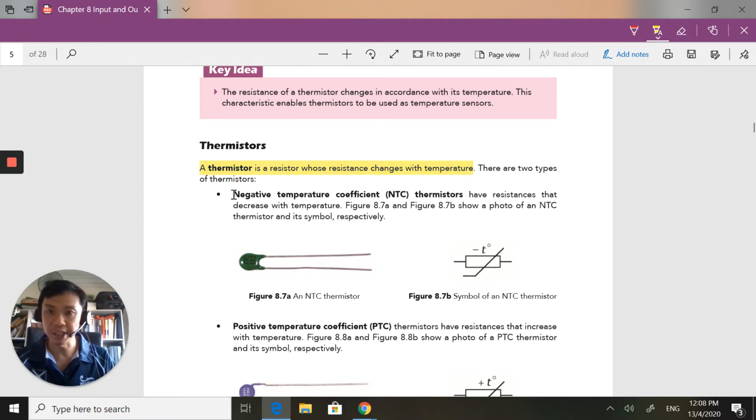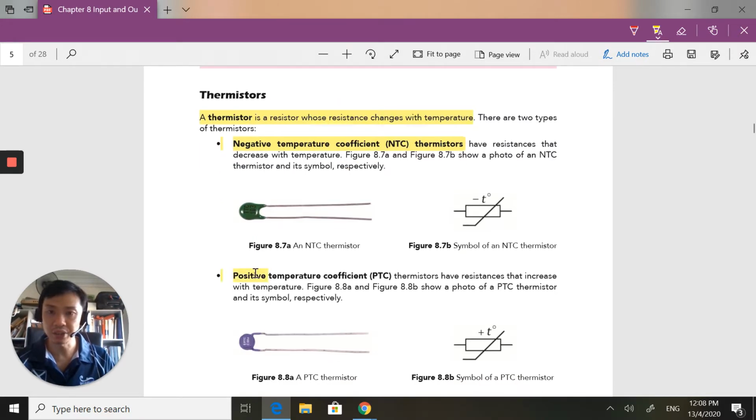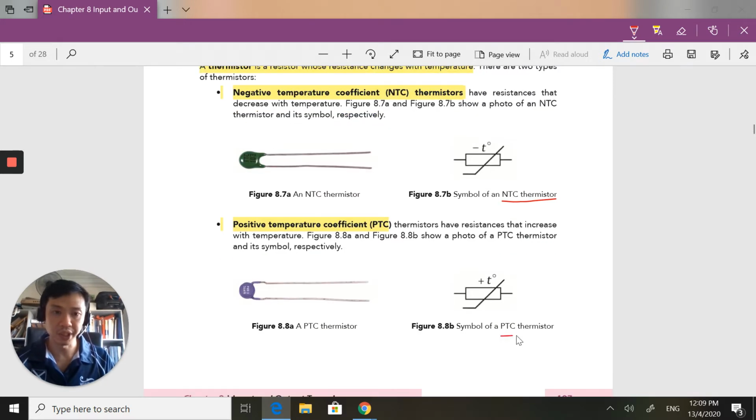And there are two kinds. One is a negative temperature coefficient, short form NTC, and the other is called a PTC. You have to know how to draw the symbol for NTC, and also how to draw the symbol for a PTC.